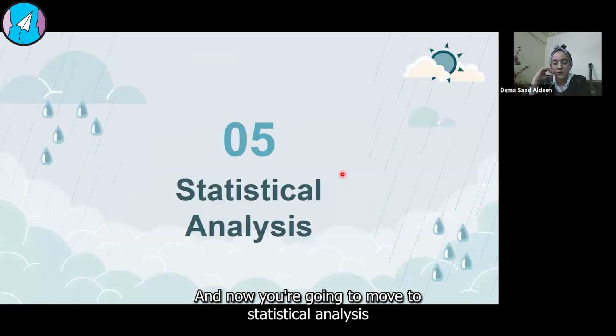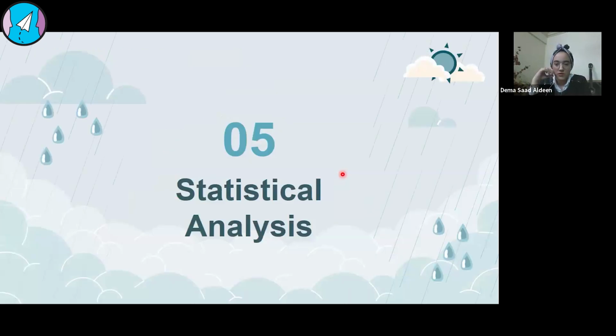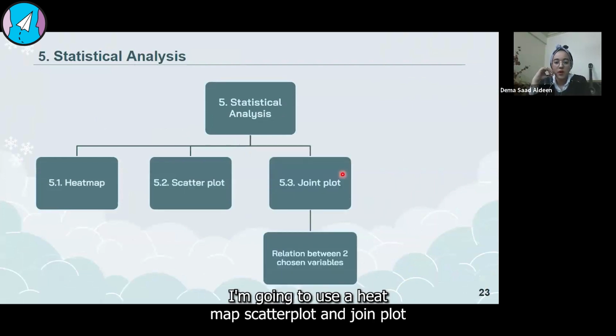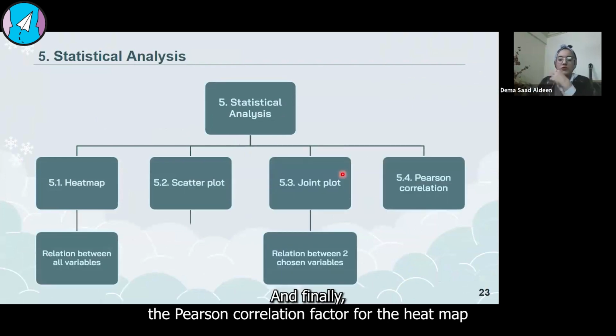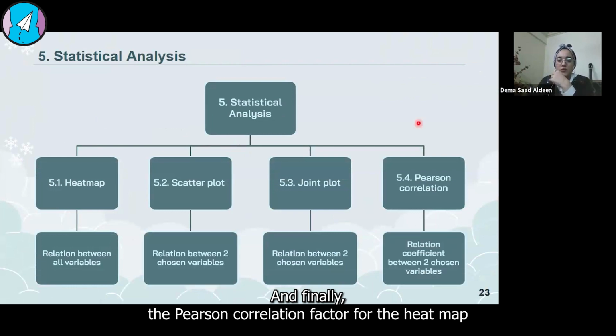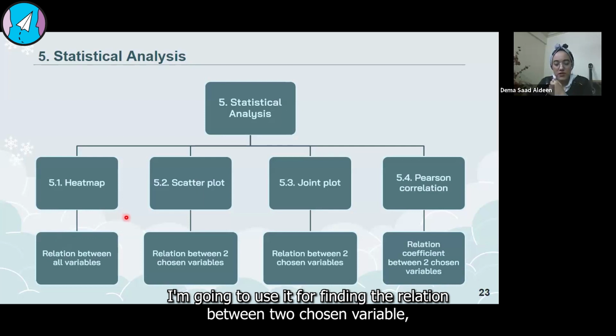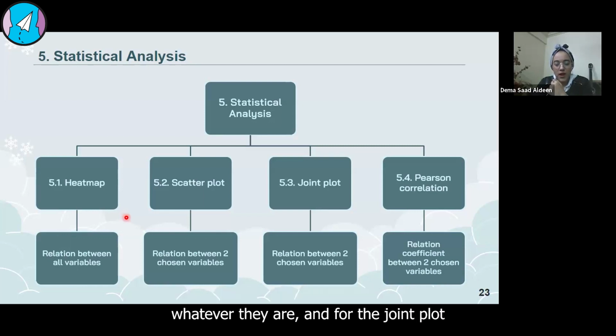Now we're going to move to statistical analysis. For statistical analysis, I'm going to use heat map, scatter plot, and joint plot, and finally the Pearson correlation factor. For the heat map, I'm going to use it to find the relation between all variables, and for scatter plot, I'm going to use it for finding the relation between two chosen variables, whatever they are.